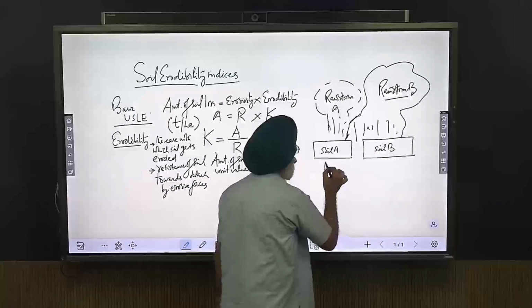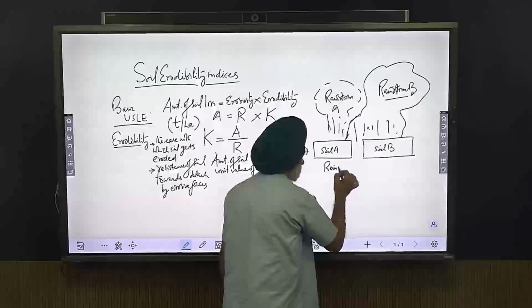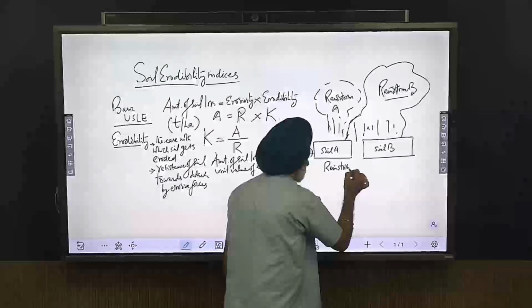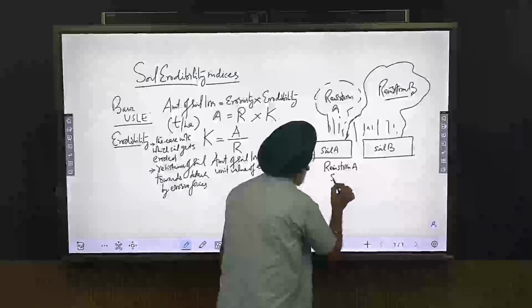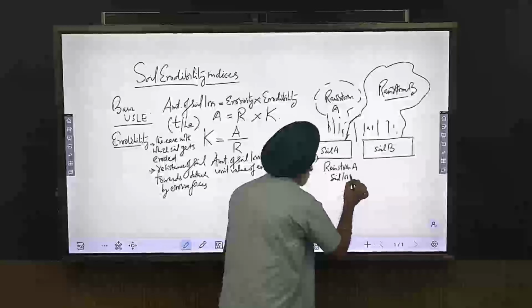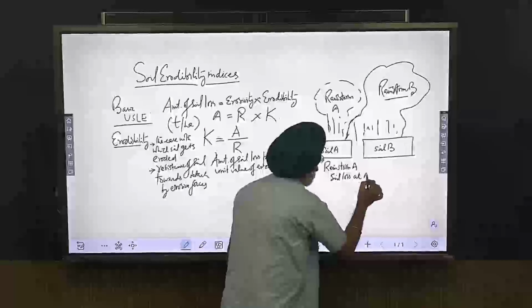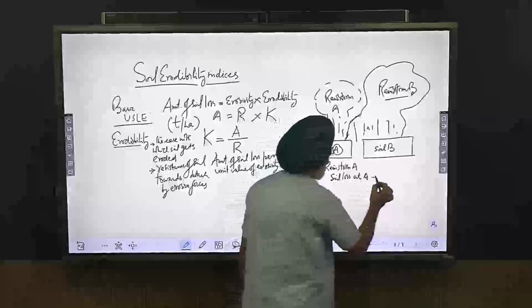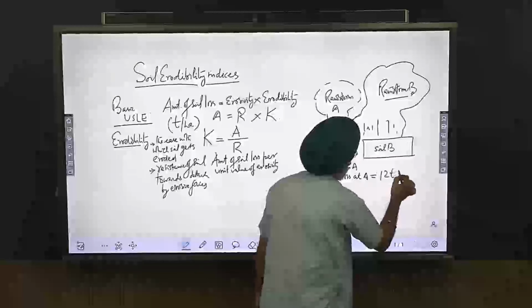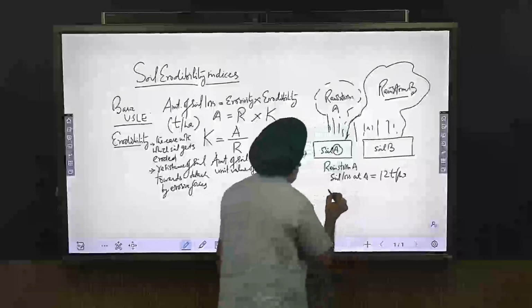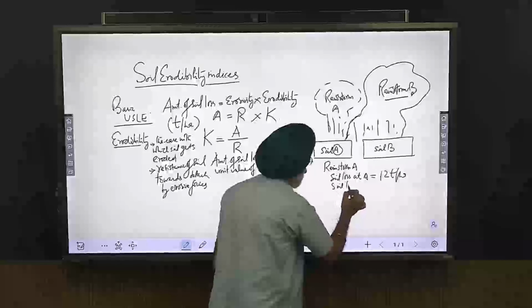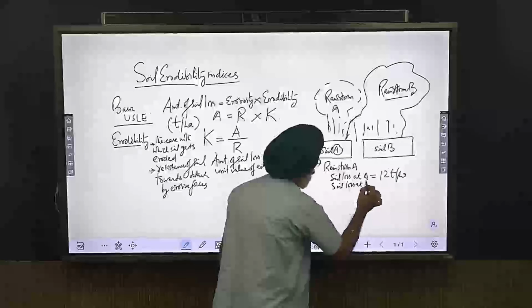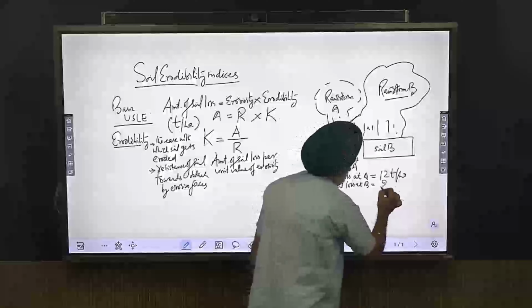So, when you have rainstorm A, here soil loss at A is say 12 tons per hectare and soil loss at B is 20 tons per hectare.